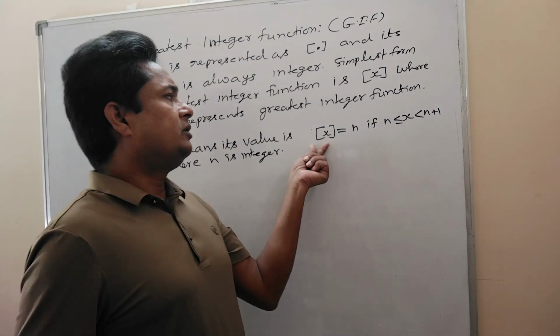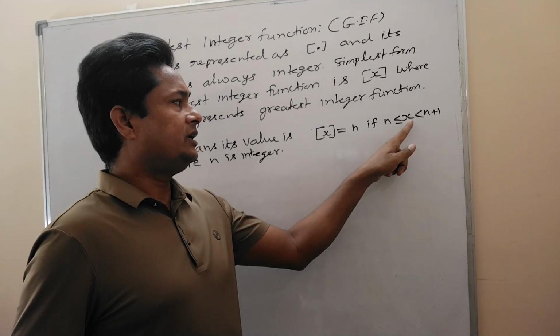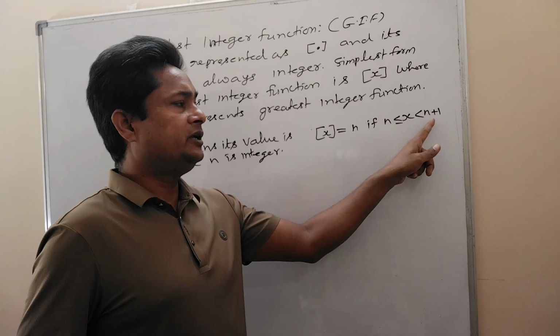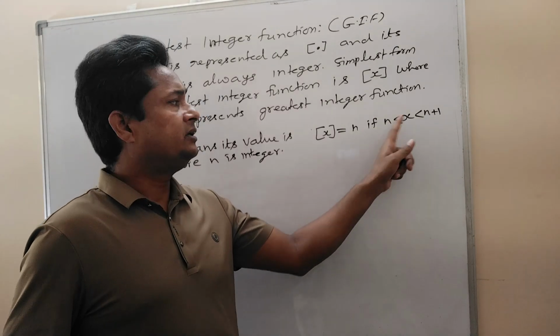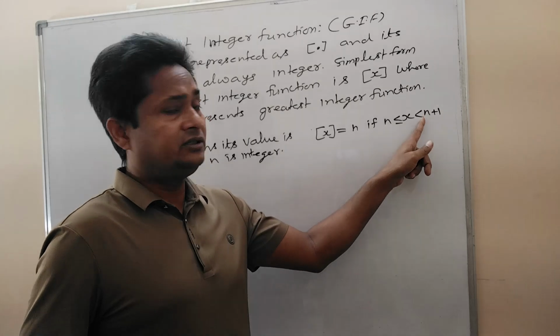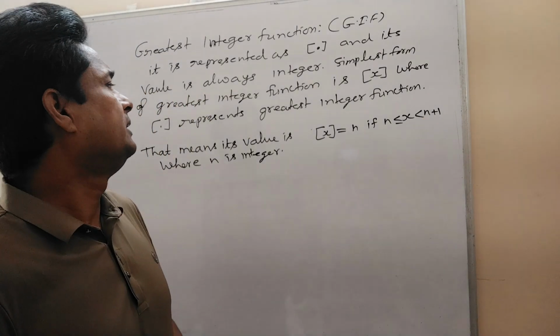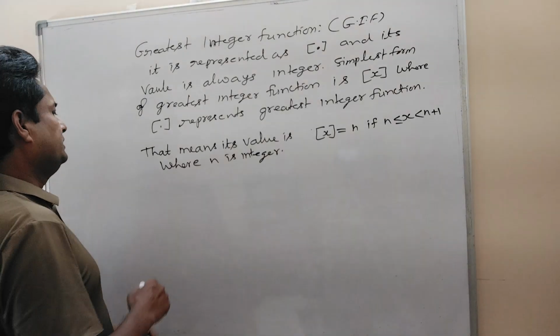This value will always be n if x lies between n and n plus 1. Here there is an equality sign and here there is a strictly less than, right?